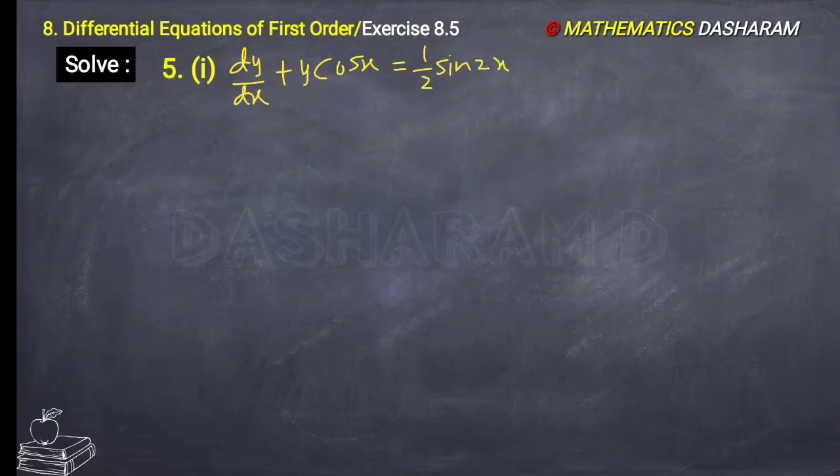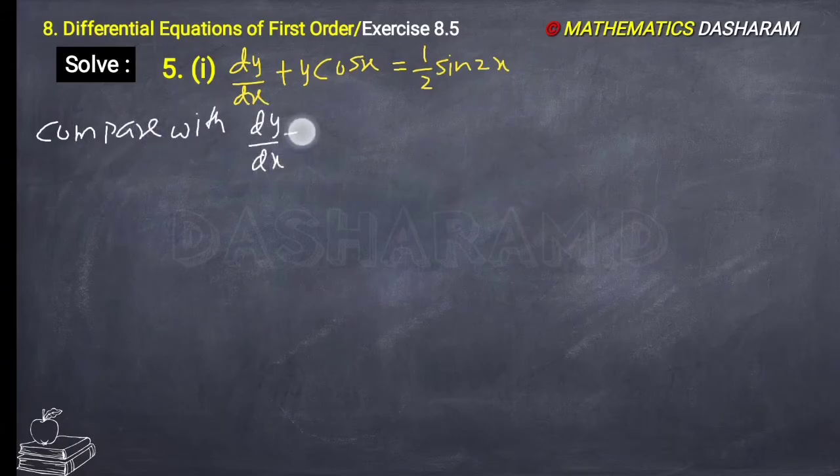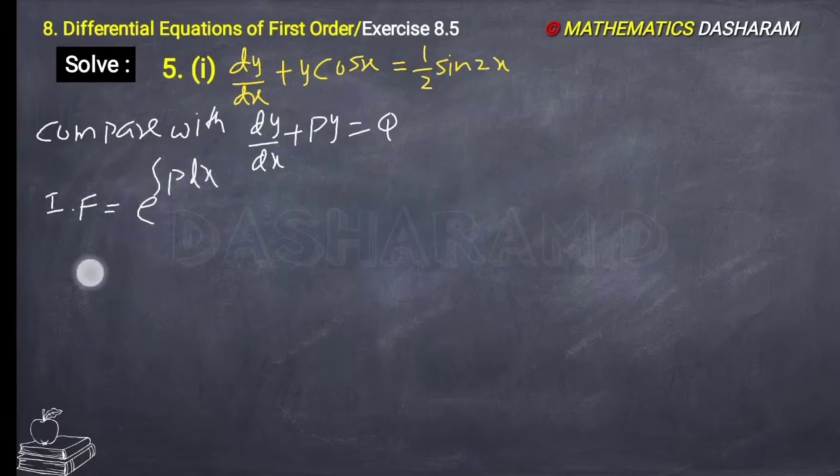Fifth bit, first problem, dy by dx plus y into cos x equals 1 by 2 sin 2x. So let's compare with dy by dx plus p into y equals q. And find out the integrating factor e to the power of integration p dx.